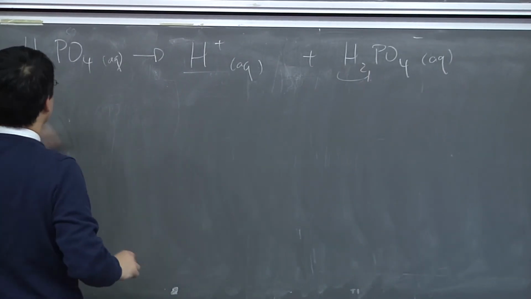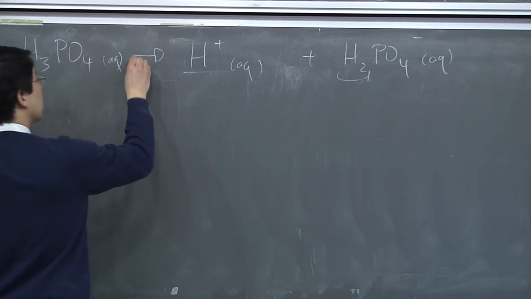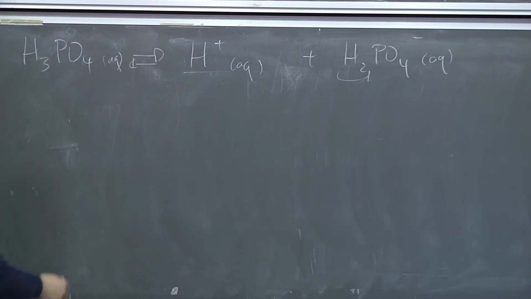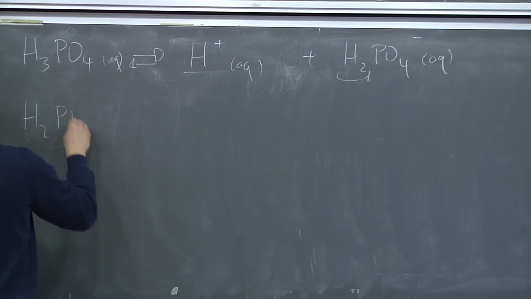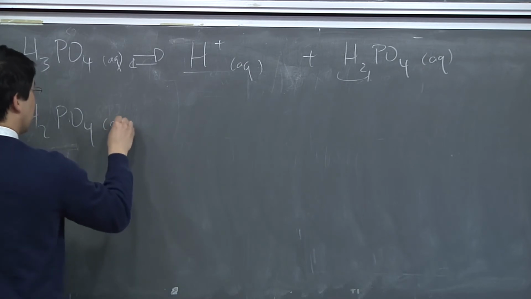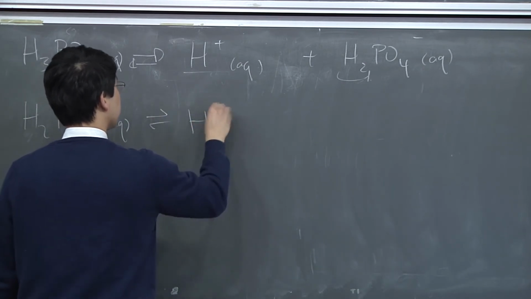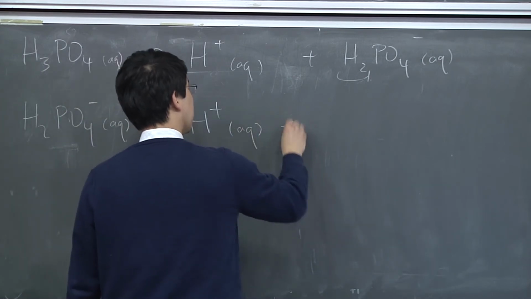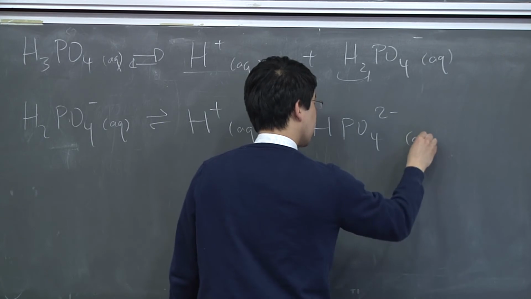Before we get there, H3PO4 is not part of our strong acids, right? So the first one here already is a double-headed arrow because it's a weak acid. And then H2PO4 can further dissociate to give you H plus and HPO4 2 minus, and so on.